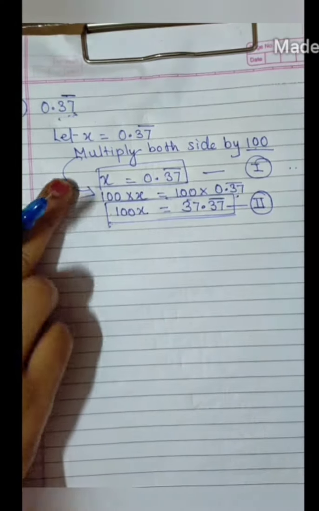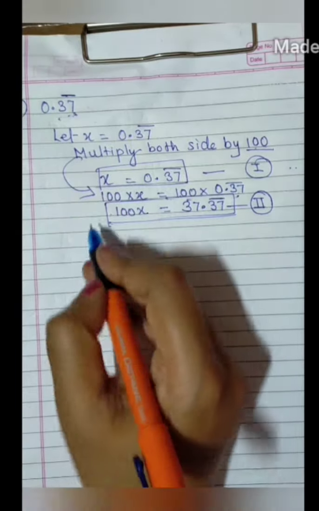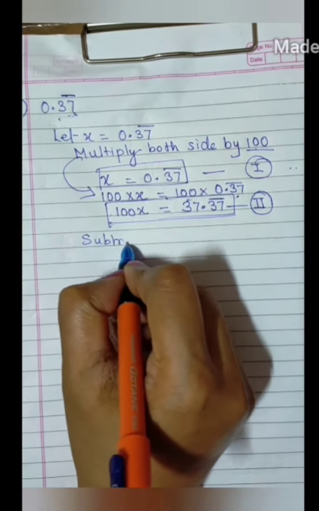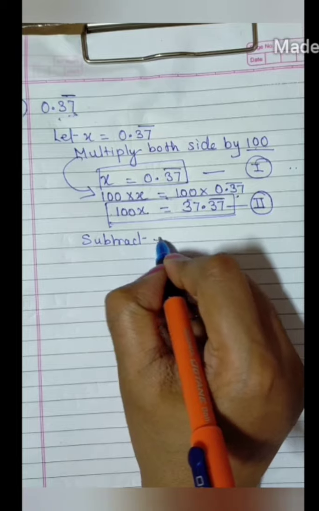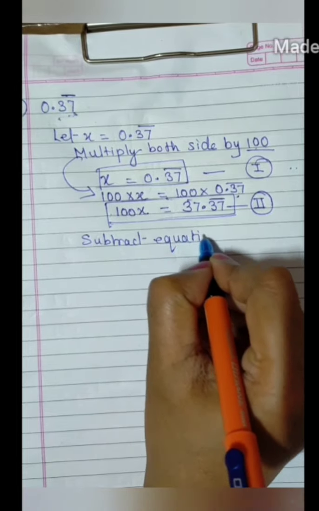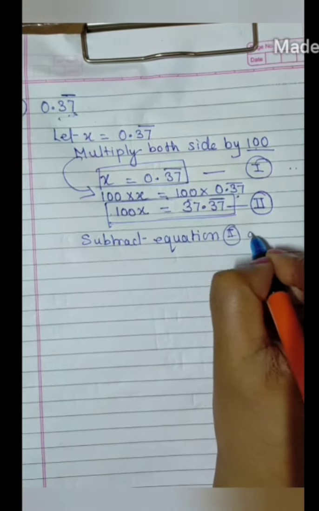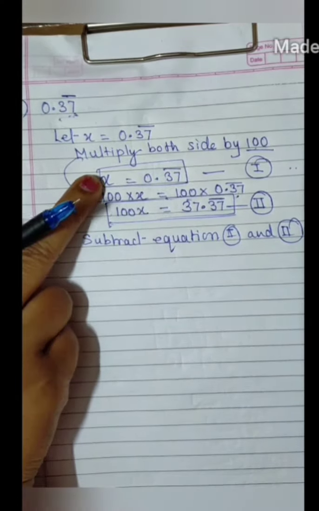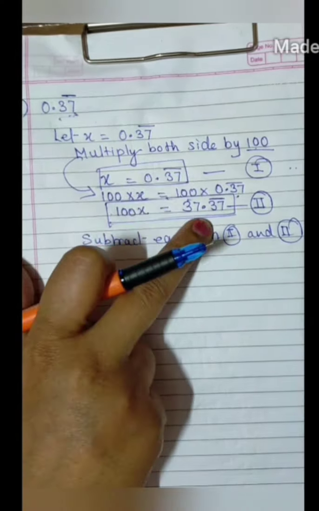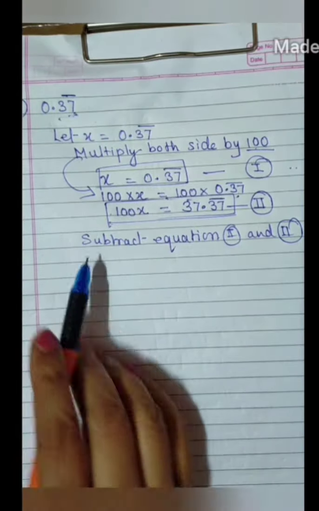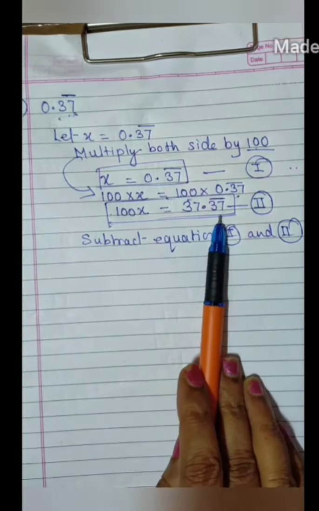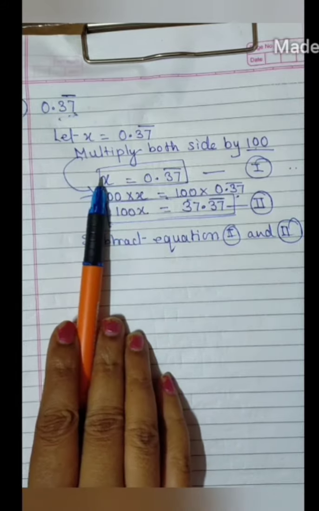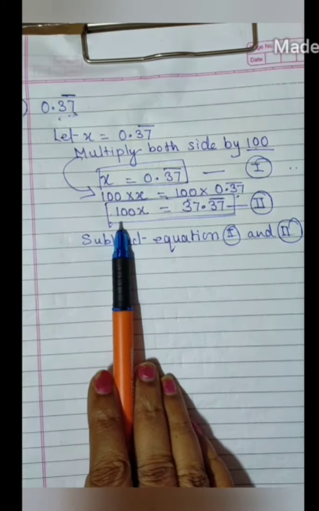Okay, now we have to subtract these both, equation 1 and 2. Now this to this and this to this we have to separate. Means on the right side you can see x is here and 100x.